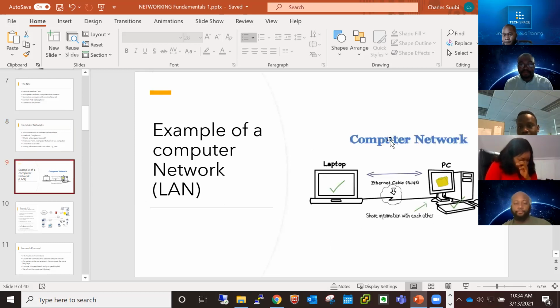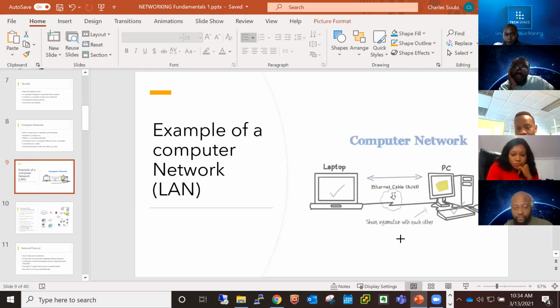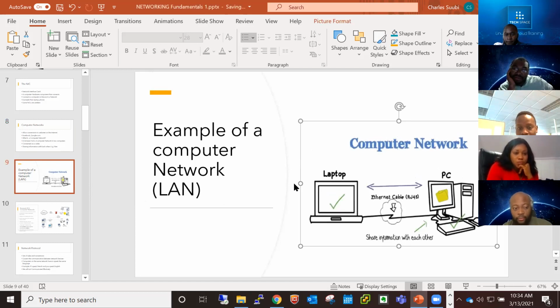So guess what, guys? Right here, I built an amazing network. I do have my laptop, and I connected my laptop to a PC. And which cable did I use right here, guys? RJ45. You guys have already done that in class.